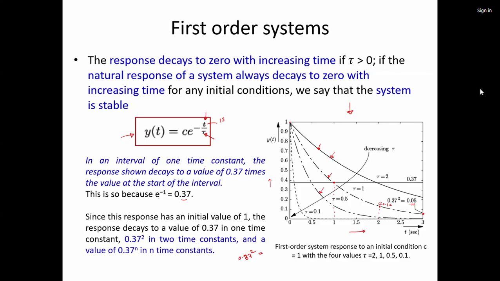You need a temperature sensor which has a time constant much smaller than how quickly the temperature is fluctuating. If the temperature is fluctuating every 1 second, you must have a sensor with a time constant of, let's say, 0.1 second, smaller than the time scale at which the temperature is varying. So this is very important to understand.